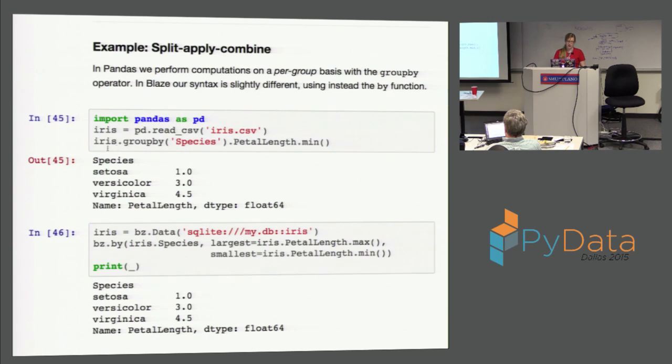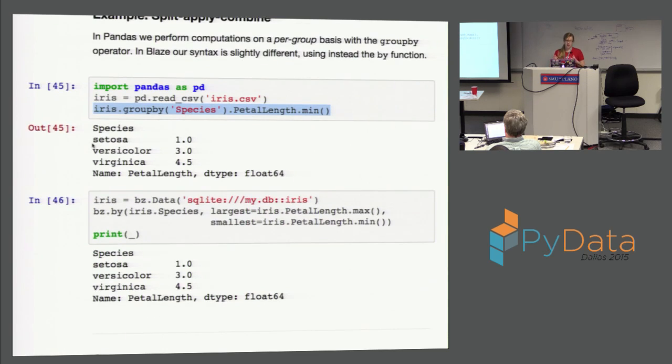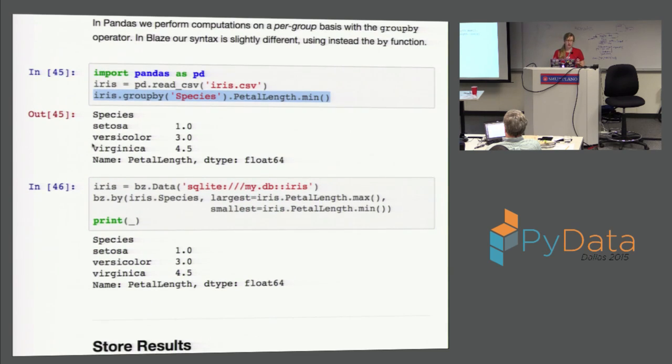With pandas, you do it with group by, as you've seen. Blaze has a slightly different syntax. Instead of calling group by, just call by. You say Blaze by, the column that you want to group by, species, and the different computations or results that you want to output.